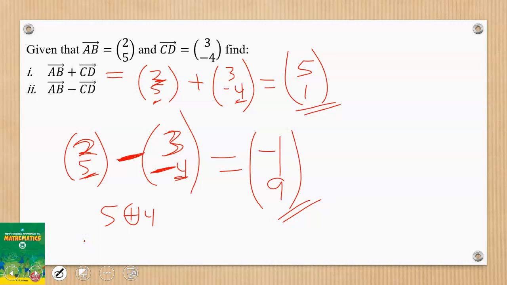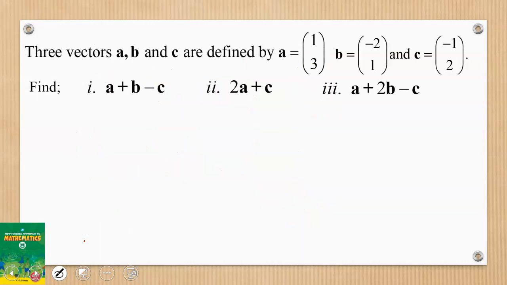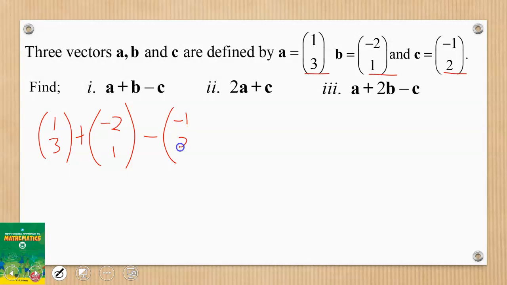Good. Let's take another example. Let's say you have vectors A, B, and C defined like this. The first question says we should find vector A, which is (1, 3), plus vector B, which is (-2, 1), minus vector C, which is (-1, 2). We can do this the simplest way: 1 plus -2 will give us -1.